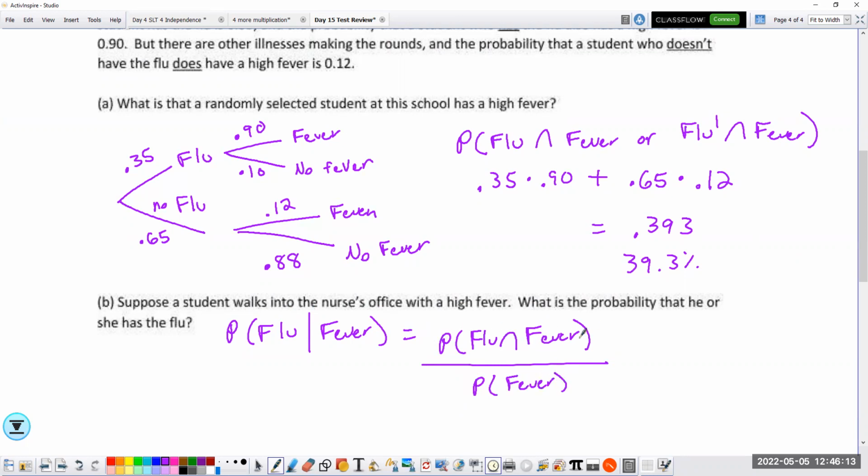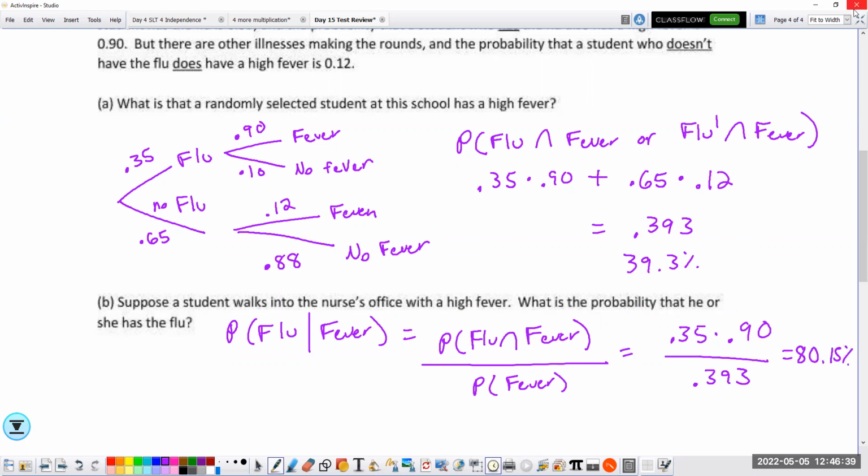This is a conditional statement, so it's not like the fevers cancel. I can't just rewrite this as the probability of flu times the probability of fever. It needs to be 0.35 times 0.9, because if you have the flu, I know you have a higher chance of getting a fever. Dividing by the overall probability of a fever, I get 80%.